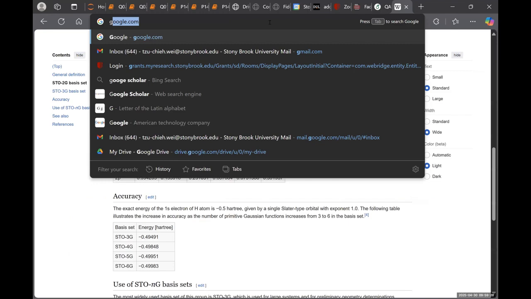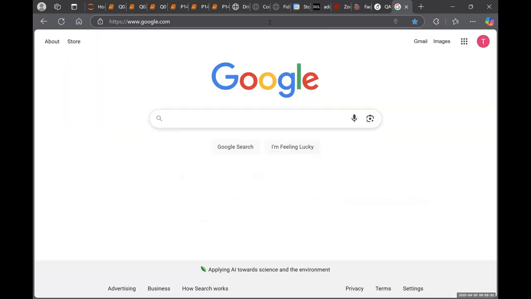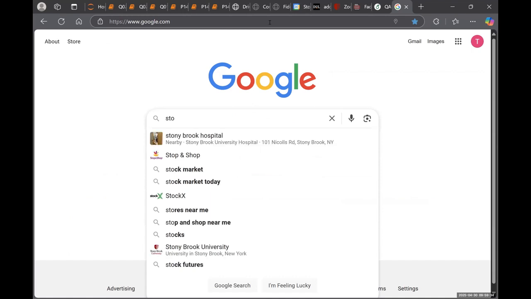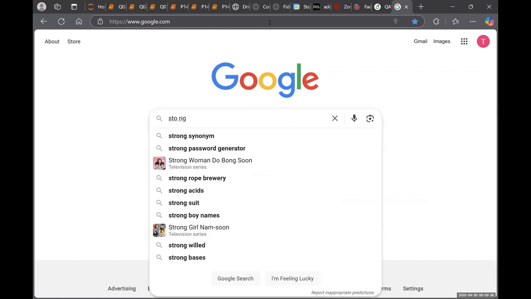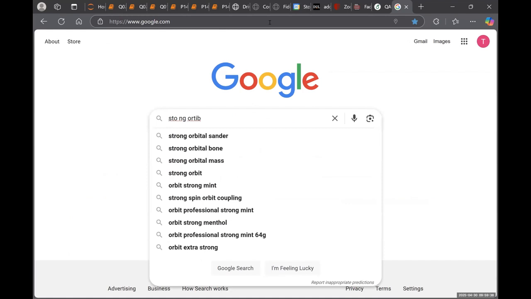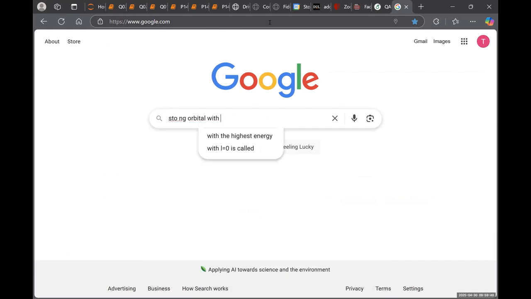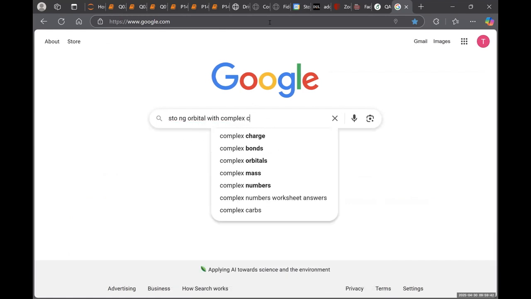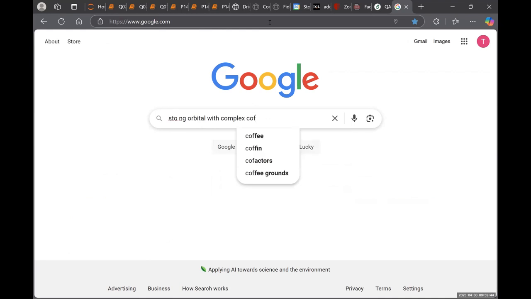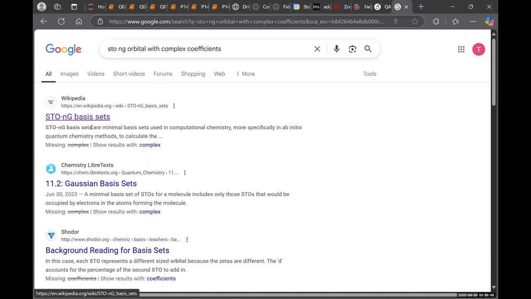Maybe, let's see, an STO-NG orbital with complex coefficients. Well, I don't get complex in all these.